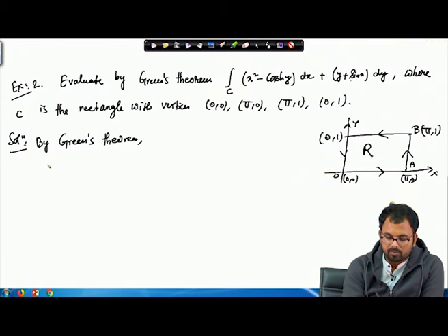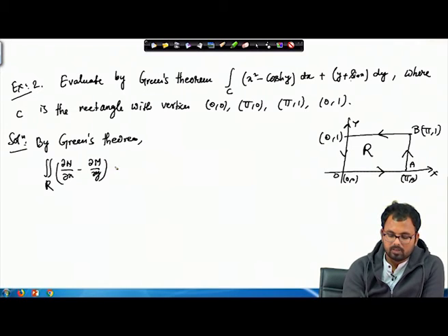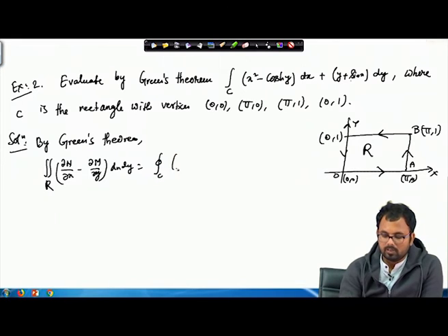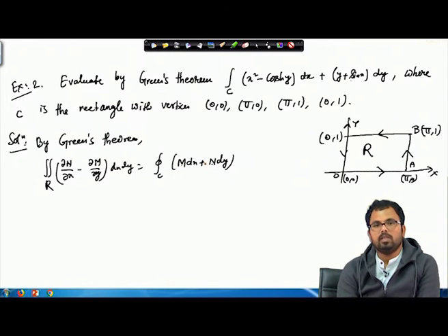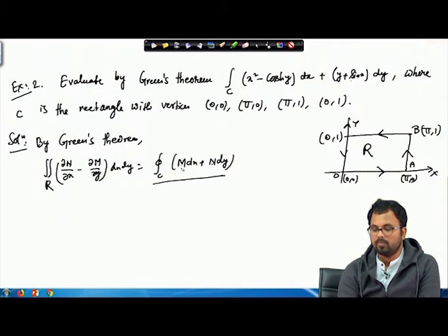So, when we use Green's theorem, this will be the double integral of del n del x minus del m del y dx dy equals the line integral over c of m dx plus n dy. Since our m and n have continuous first order partial derivatives, I can use Green's theorem, and therefore this line integral can be converted into a surface integral, right.